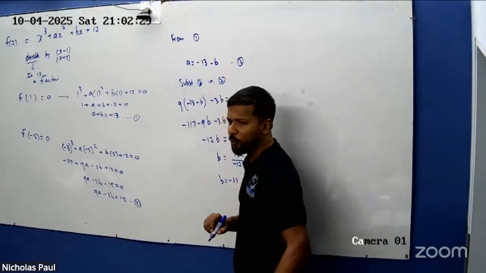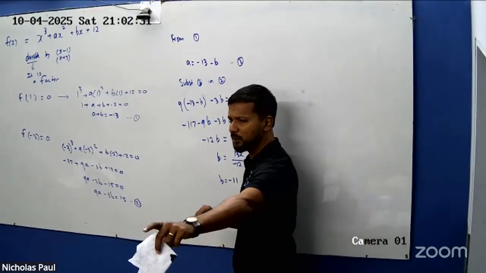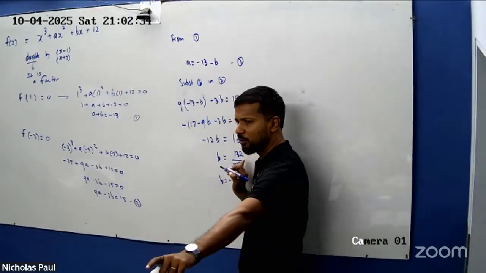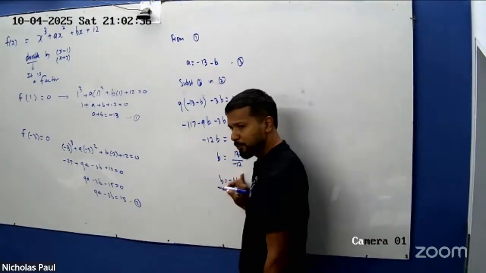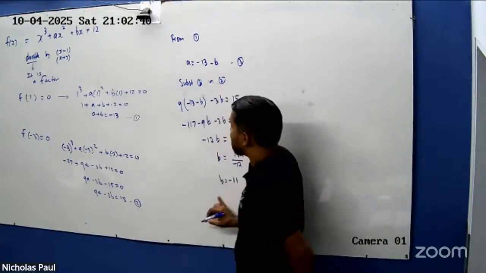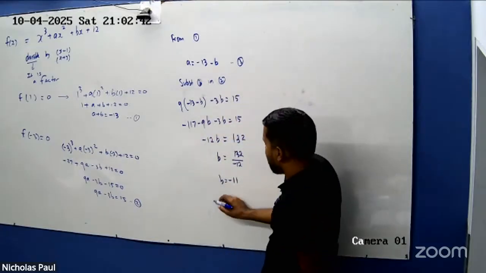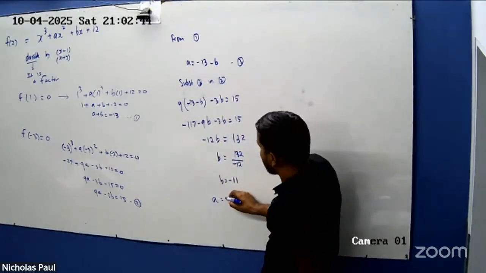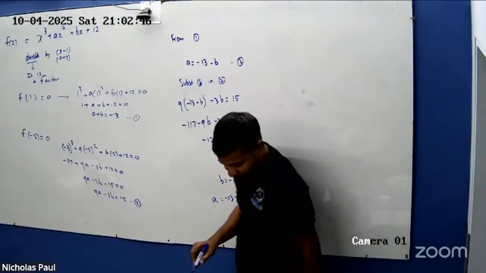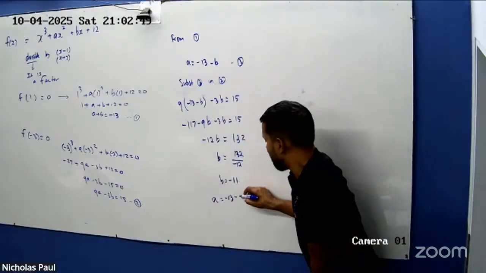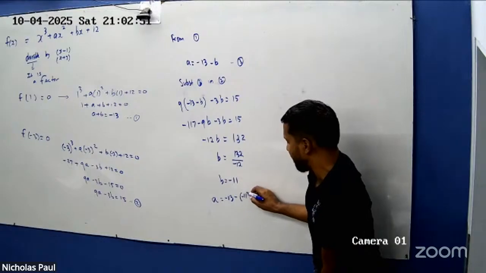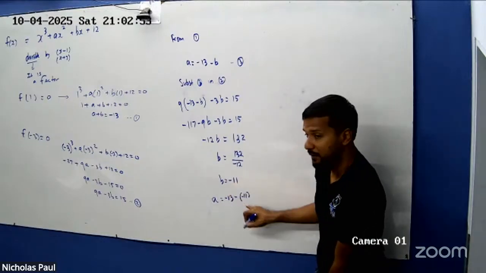What did you have again? 132 or 134? Divided by 12? Oh, okay. All right. So A is -11. Sorry, B is -11. So A is -13 minus -11, because B is -11.